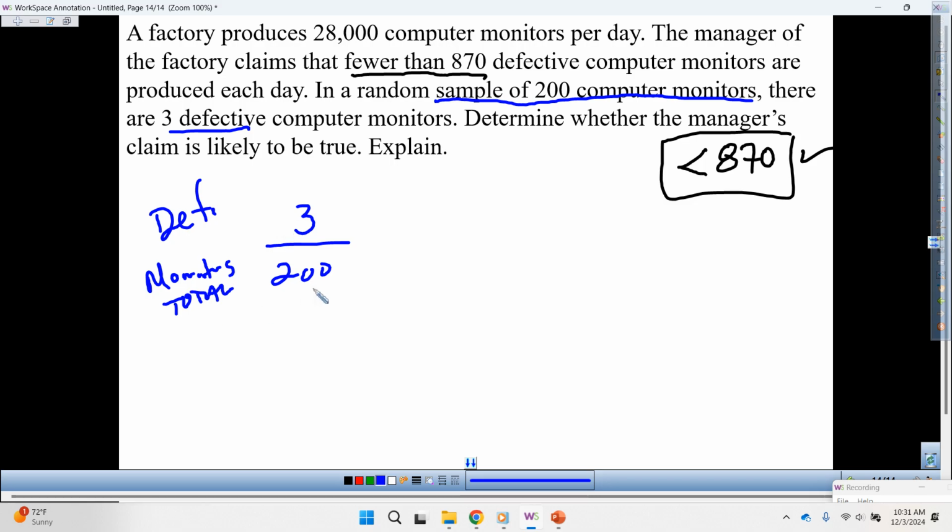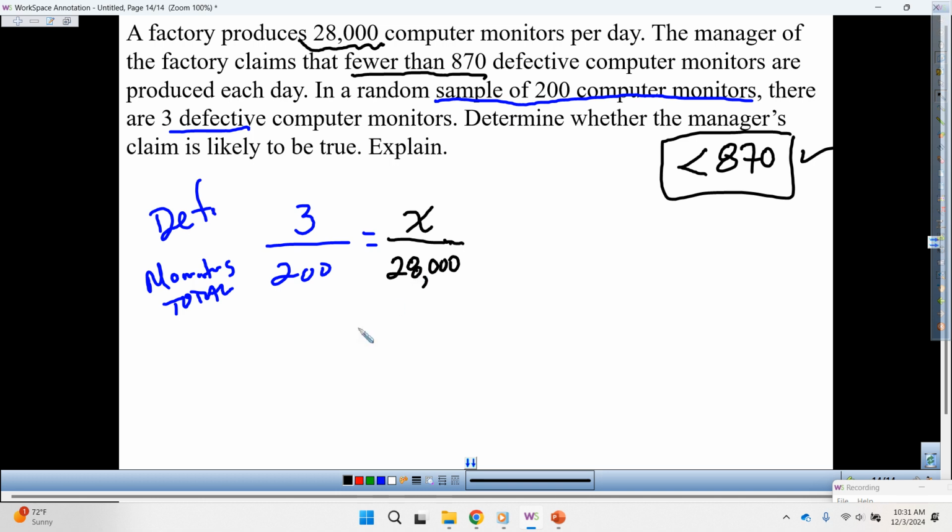Total monitors are 200. That's the sample. So let's get a proportion going. And we want to check out of how many. How many does the factory produce? 28,000. So the total is 28,000. And we want to see how many are going to be defective according to that ratio right there.